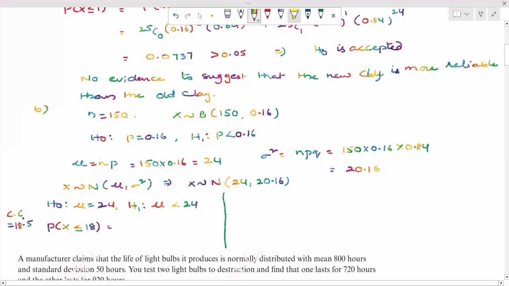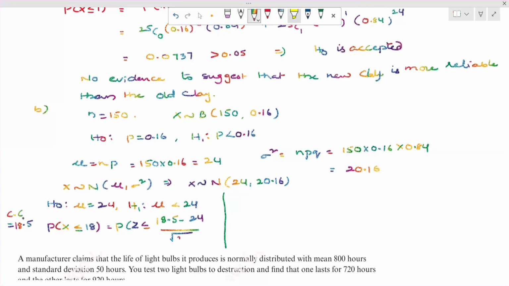So we find P of Z less than or equal to (18.5 minus mu) divided by the standard deviation, which is the root of variance, root of 20.16.